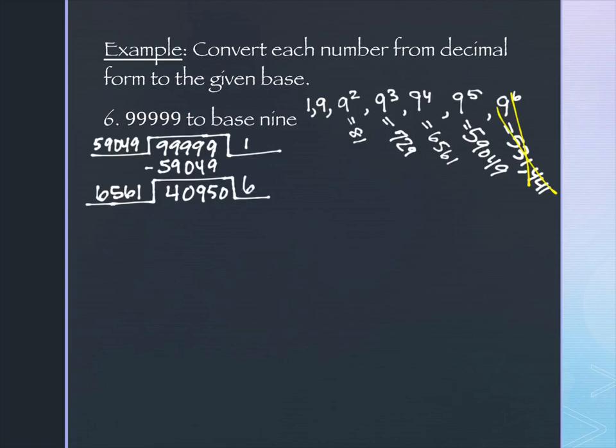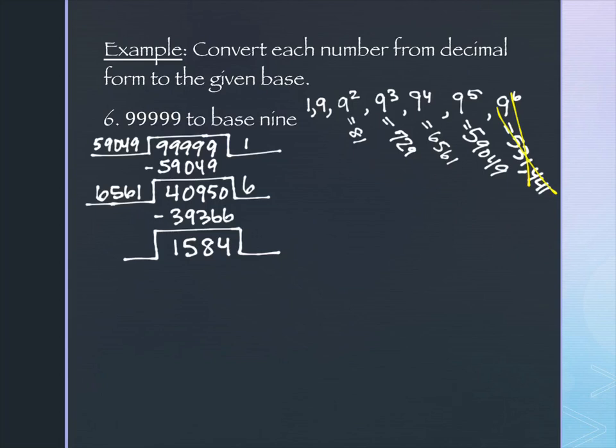And what is 6 times 6,561? 39,366. Okay, so we went from 40,000 and we're subtracting a 39,000-ish. What do we get? 1,584?